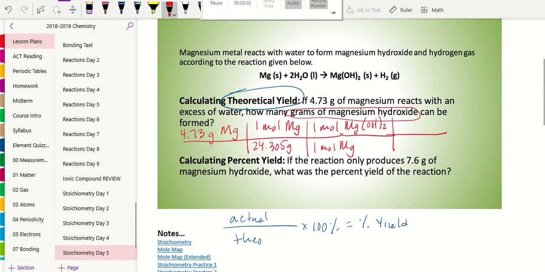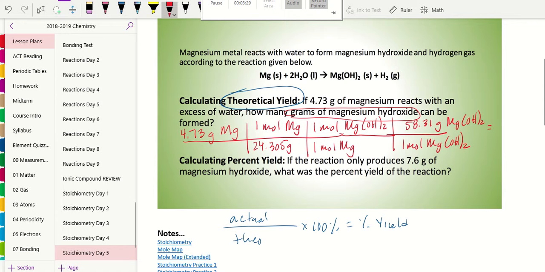Yes, Evan! Molar mass of magnesium hydroxide, which is what? For every 1 mole of magnesium hydroxide, how many grams do I have? Mg plus 2 O's plus 2 H's. 58.31 grams of Mg(OH)2.